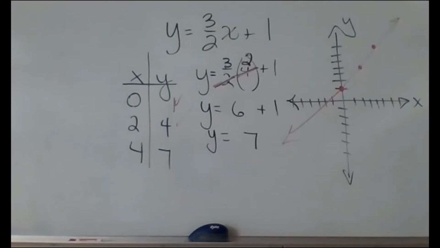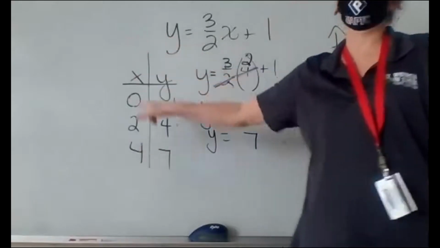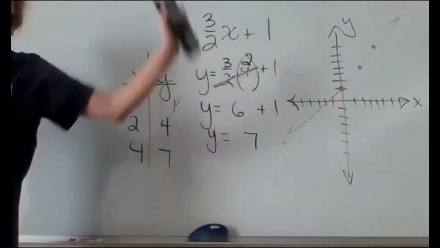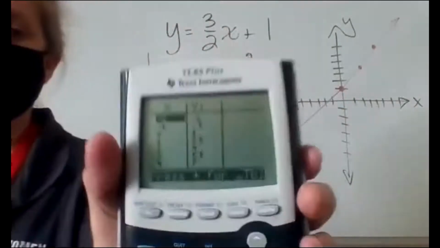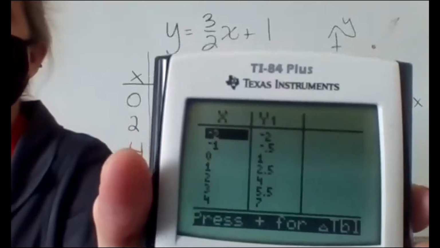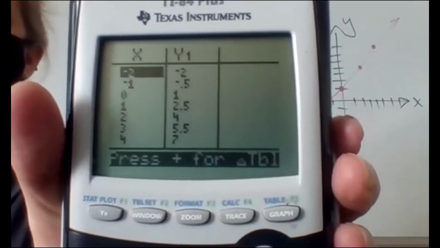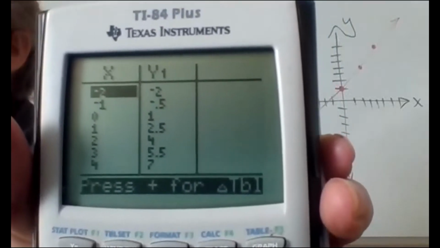So look what it did. It did this for you. It not only gave you those 3 points, it gave you all the points. So then when you're graphing, you're just picking out of that table. What you want to do is avoid the points that have decimals if you can.